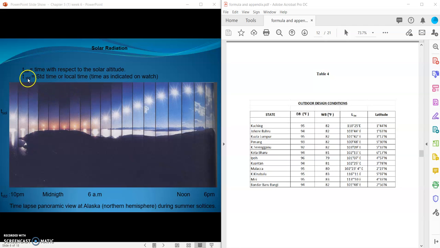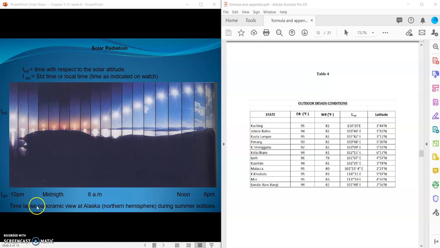We have T solar, which is what we call solar time, the time with respect to the solar altitude, and then T standard, or standard time, which refers to the time indicated on our watch. This is an example, the view of the Alaska case.